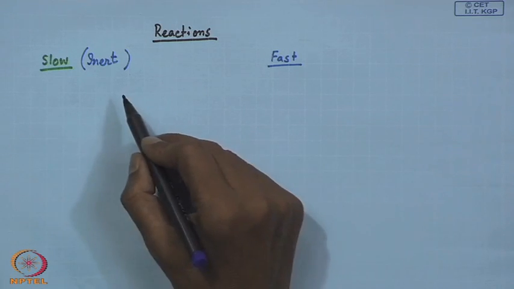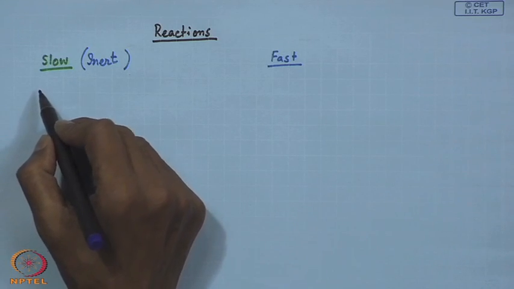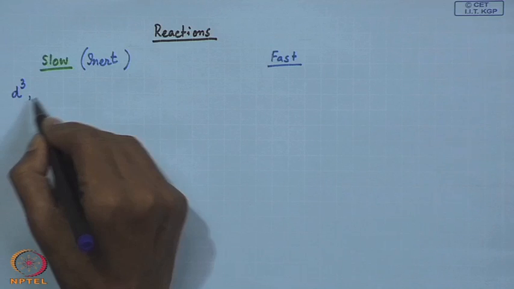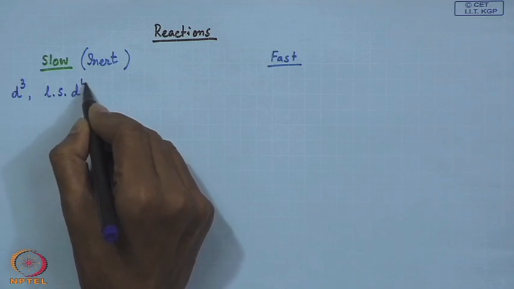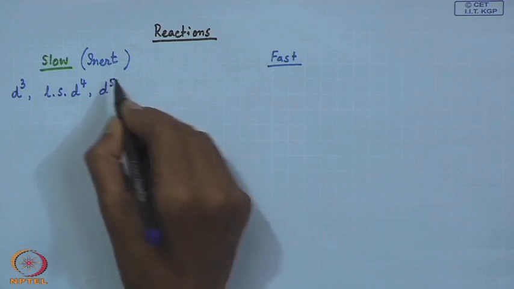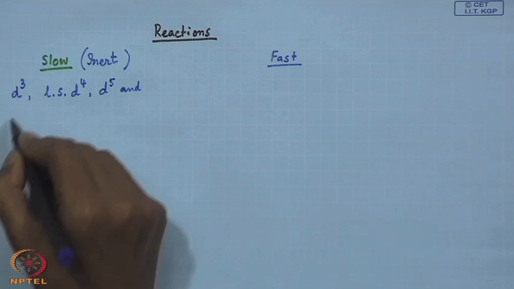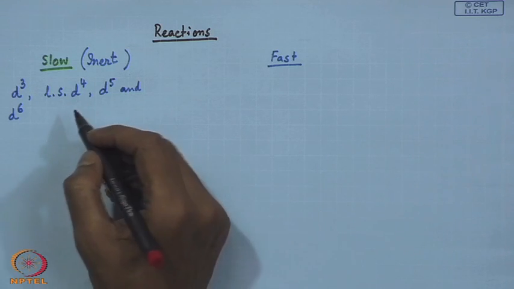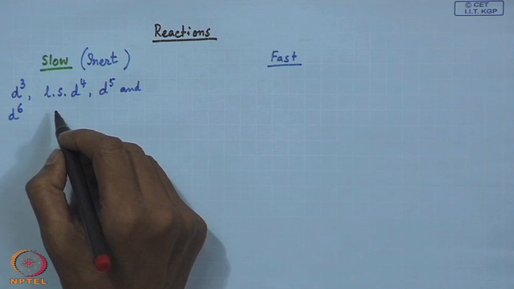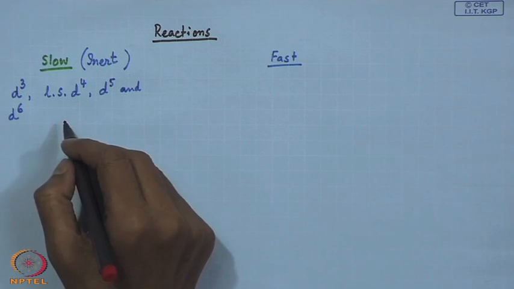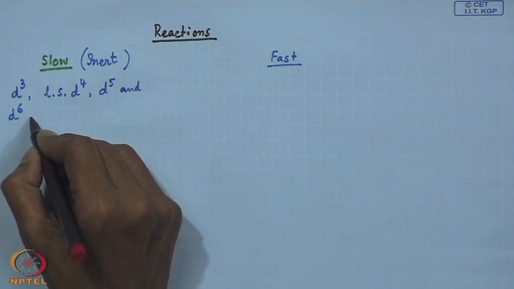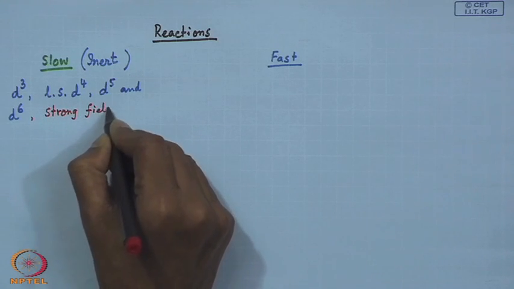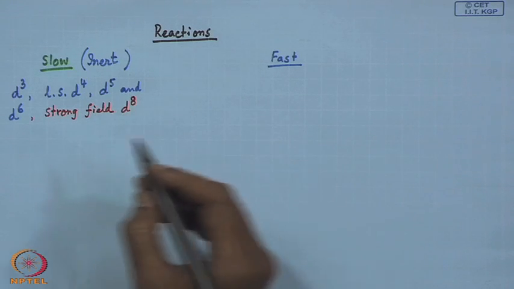They can go for only slow reactions, and several metal ion configurations such as d3, low spin d4, d5 and d6 give rise to very slow reactions, and the corresponding compounds we can call inert metal complexes in terms of their ligand substitution reactions, as well as some of them in strong field with d8 electronic configuration.